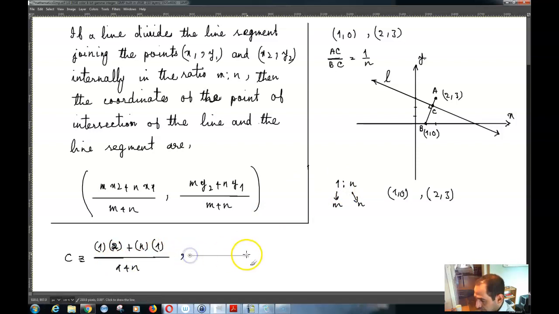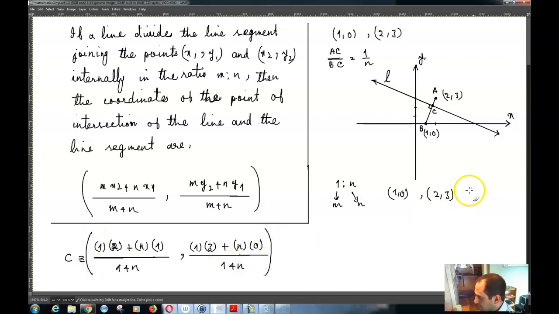And the other part is m times y2, so m is equal to 1 times y2, which is equal to 3, plus n times y1, which is equal to 0. And you want to divide that by the same thing, 1 plus n.